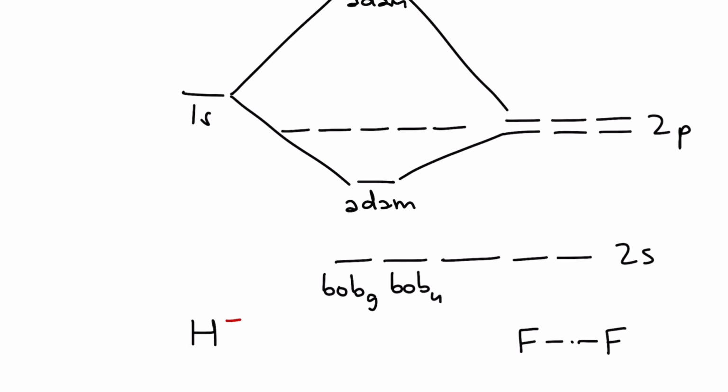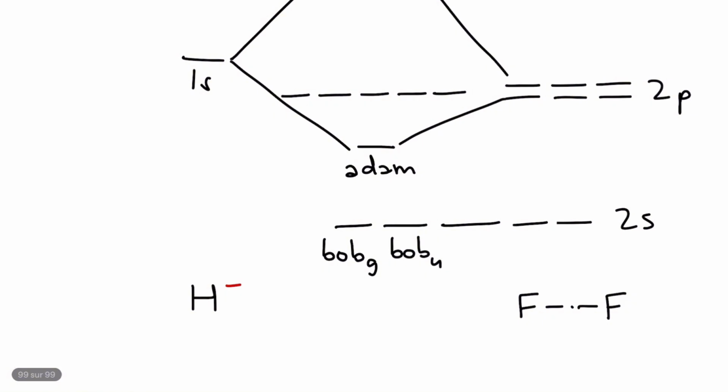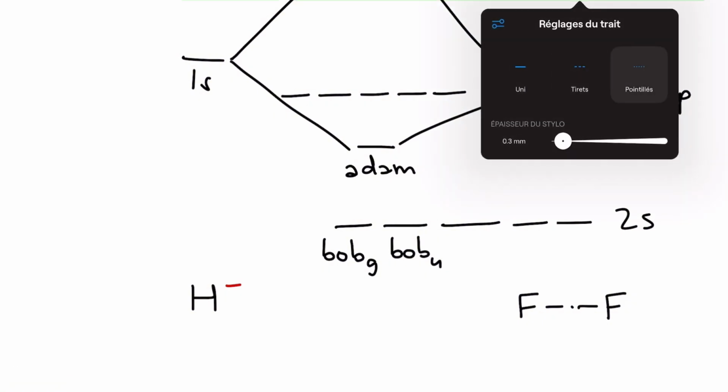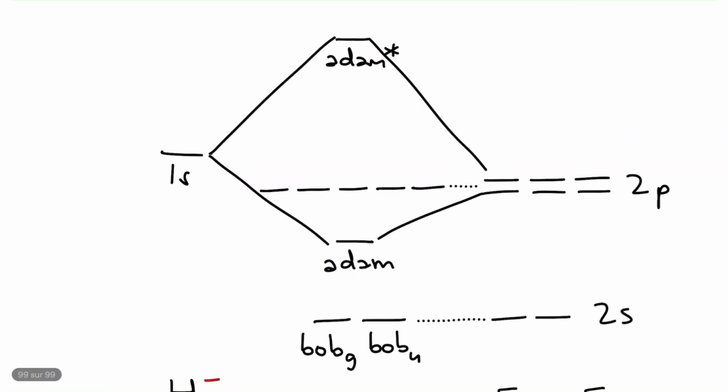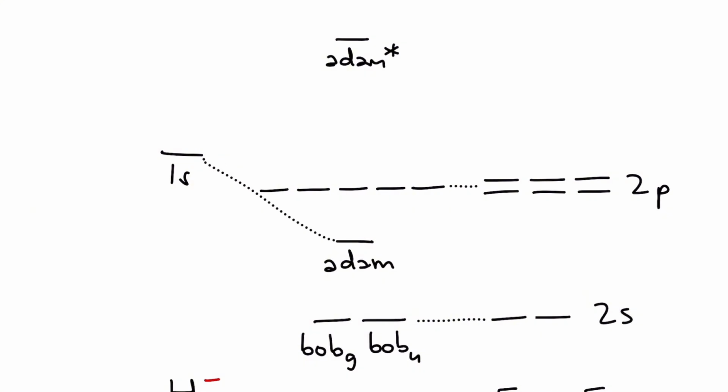I should use a dotted line. That's even more confusing. Let's use a pointed line. Yeah, okay, that's better. I should also turn these into pointed lines so that it wouldn't be confused with the MO itself. Great. Okay, this looks good.